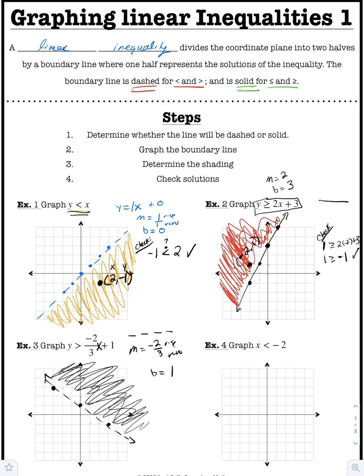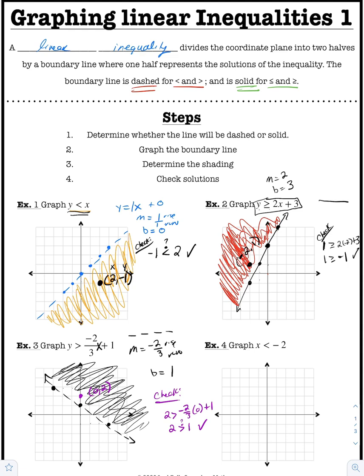Let's say we choose the point right here, which is 0, 2. We're going to check that point and see if it's true. So when we check, we say 2 is greater than negative 2/3 times 0 plus 1. So that's 2 greater than 1. Is this a true statement? The answer is yes, so we know we have graphed correctly.